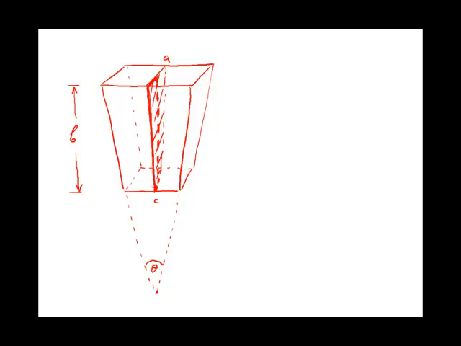Okay, is it clear? So now let me look at this 3D object from one side, from the lateral side. And what I see is this cross section.